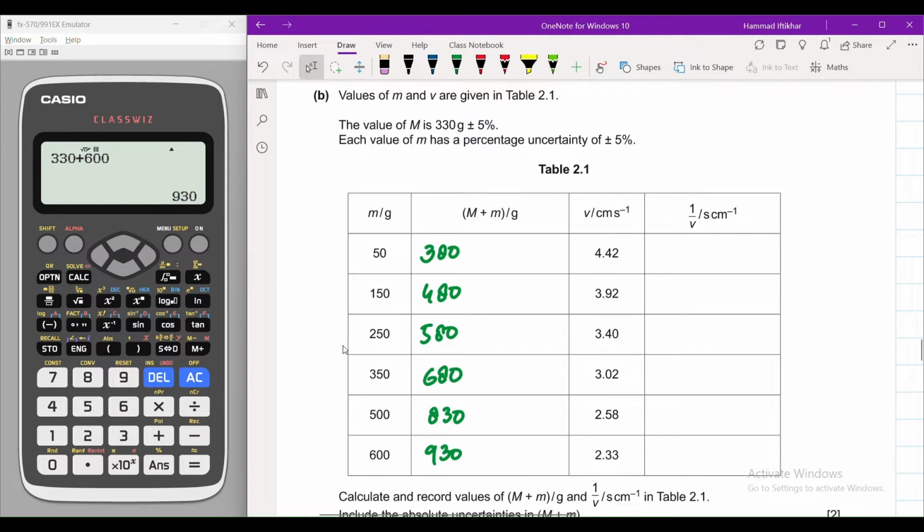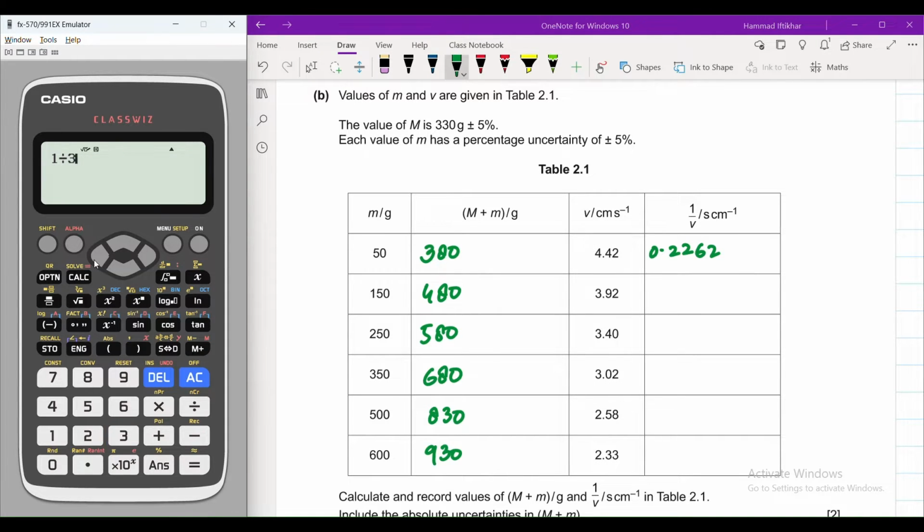Now 1 over v, and we will come back for the uncertainties later on. So 1 divided by 4.42 gives 0.2262. I'm just recording the raw values, and later we will come to the uncertainties and figure out how many decimal places or significant figures we need.